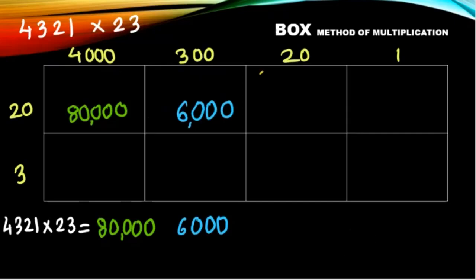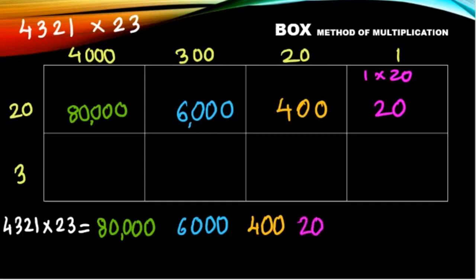In next rectangle we will take 20 into 20 and the answer of the multiplication is 400. So write down 400 again, and in the next rectangle 1 into 20.